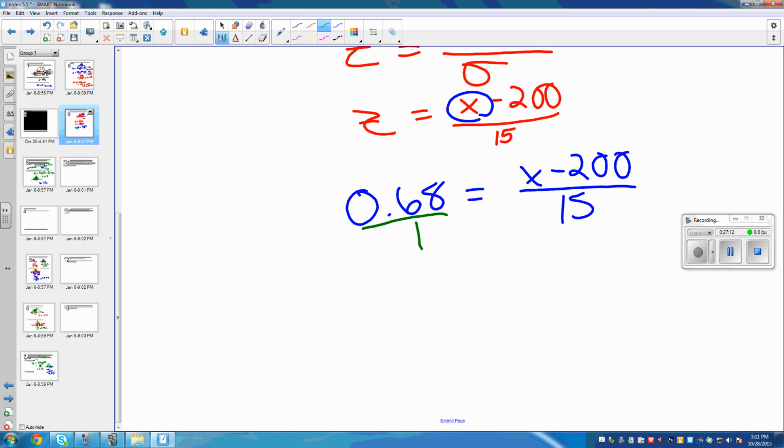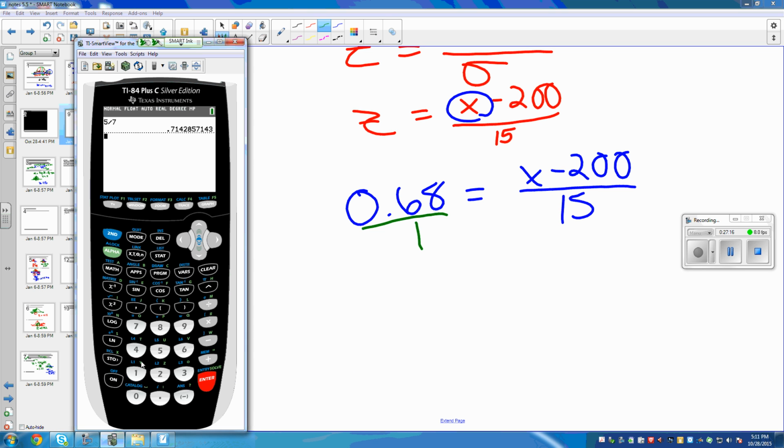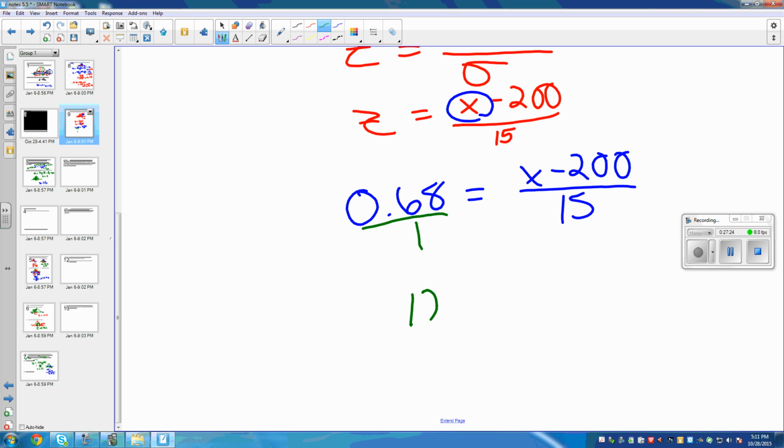So I actually get 10.2 is equal to 1 times X minus 200. Okay. How do I get X? Well, we add 200 to both sides, and we get 210.2 hours is the time it takes for 75% of those people to be kicked out or leave the hospital.